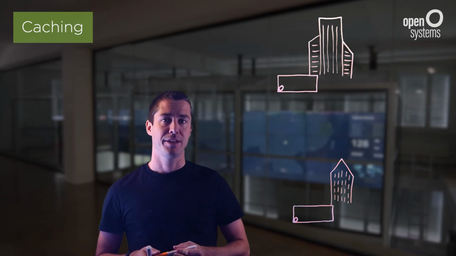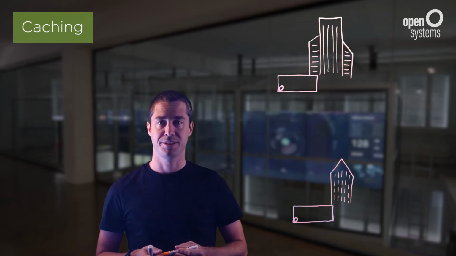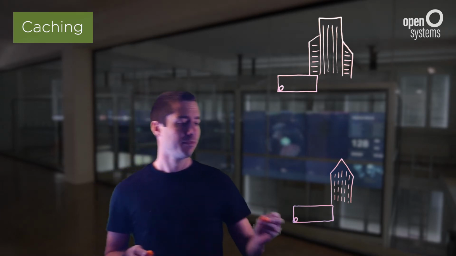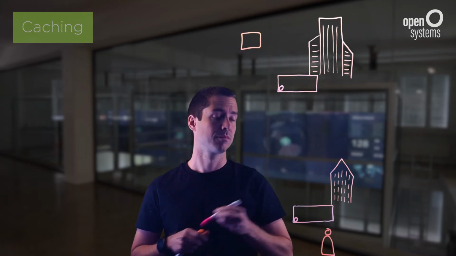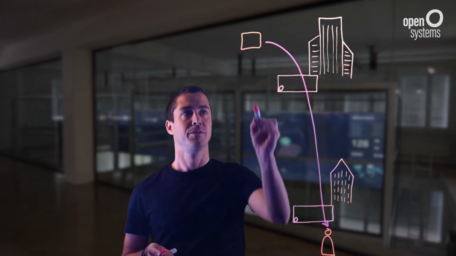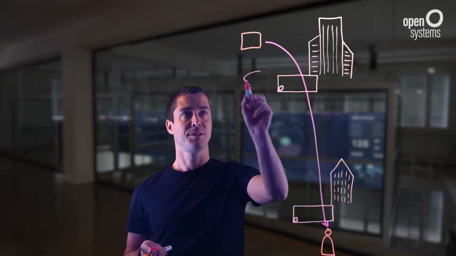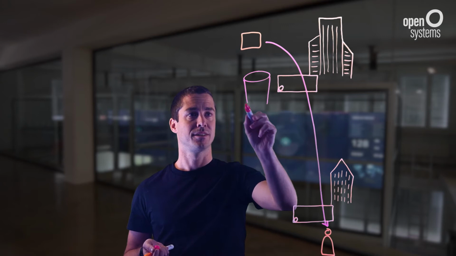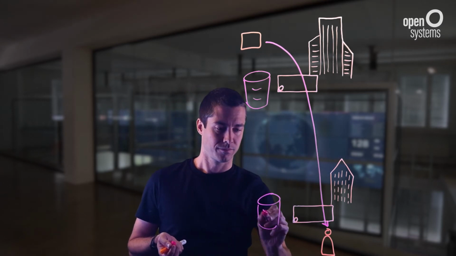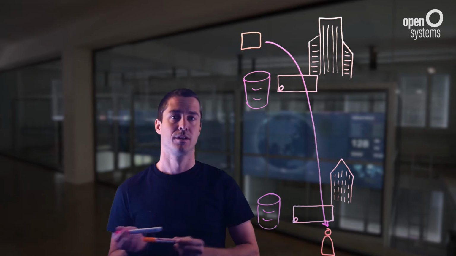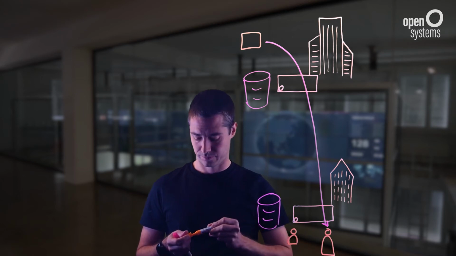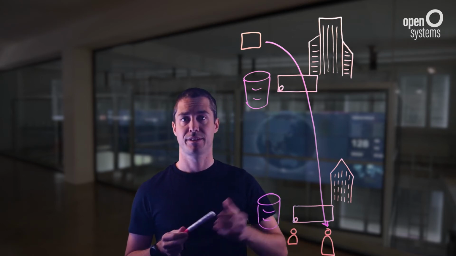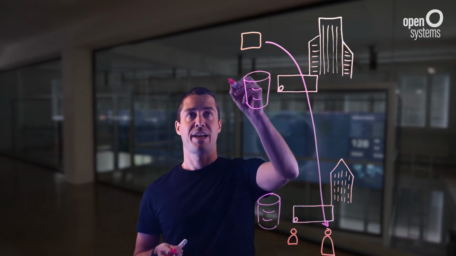By using caching or block level deduplication, application optimization can reduce the bandwidth that is required between your locations. So when a client downloads a file from a server, we will cache the data that has been transferred between the two edge devices. So when a second client requests the same file, instead of transferring the whole file again, we already have it in the cache.